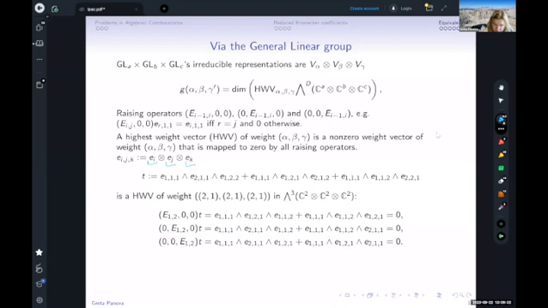What is the weight of the vector? Think of this as points. So 2, 1, 1, 1, 1, 1, and 1, 1, 2, 2. And again, thinking of it as a point configuration, we need to figure out what the marginals are. And these are exactly 2, 1, 2, 1, and 2, 1. And why is it a highest weight vector? Because we can apply these raising operators. In this case, there aren't that many, and we can check that it always goes to 0.